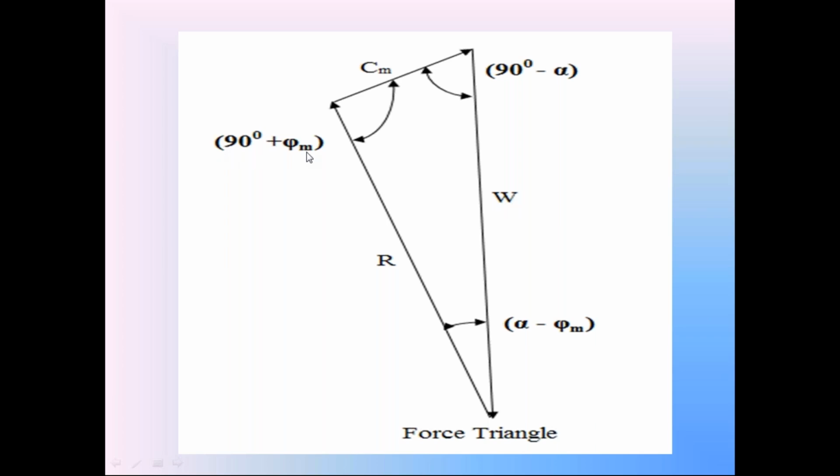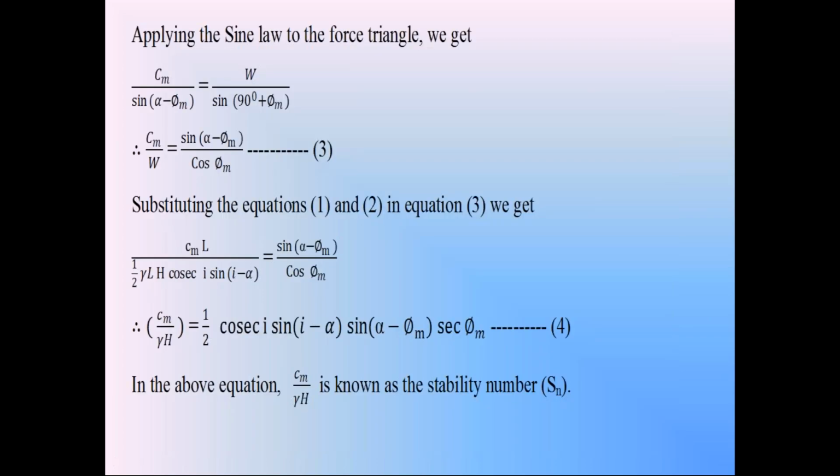According to that sine rule, for that force triangle, Cm divided by the opposite angle sine alpha minus phi m is equal to W divided by the opposite angle sine 90 plus phi m. Like that, in the force triangle, apply this sine rule from engineering mechanics.